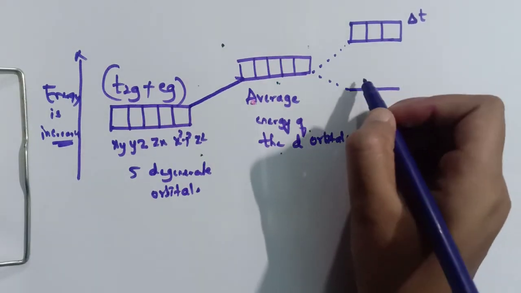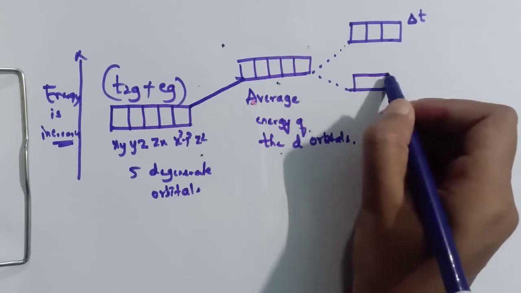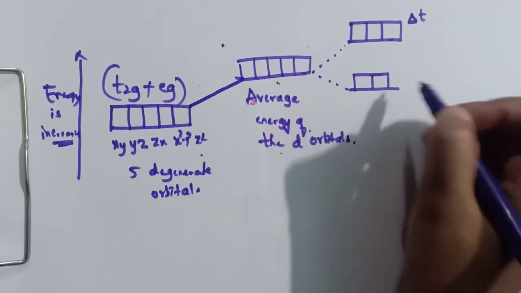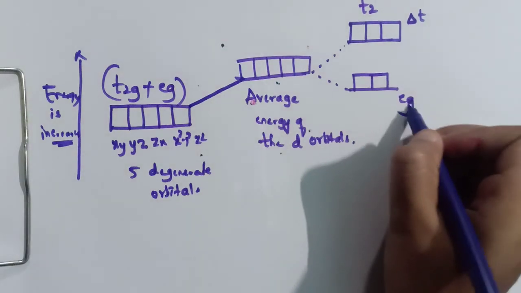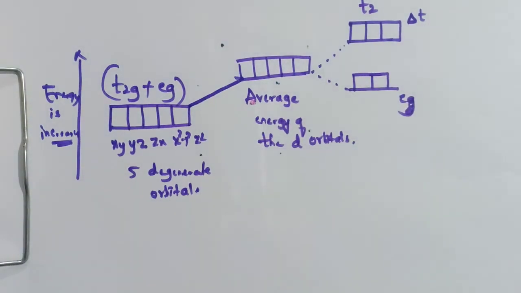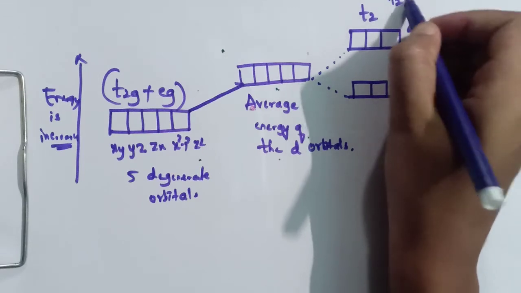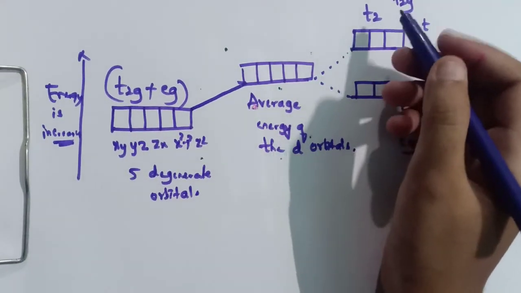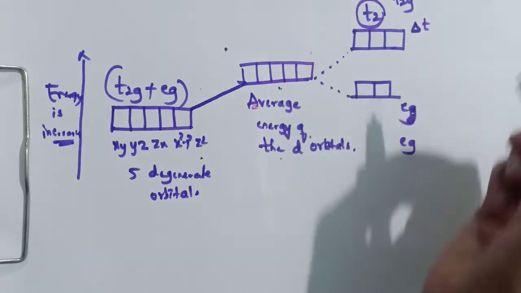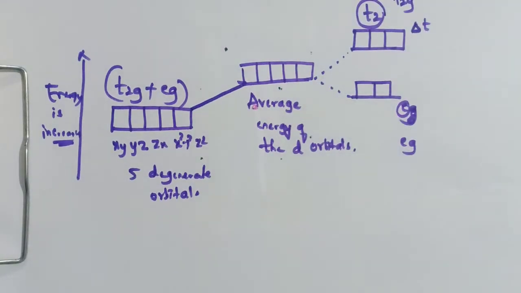And the lower energy is acquired by 2 orbitals, that is Eg orbitals. Here are T2 orbitals, E orbitals. But in the octahedral complexes, we have to mention it as T2G and Eg. But in the tetrahedral complexes, we have to mention it as T2 and E.